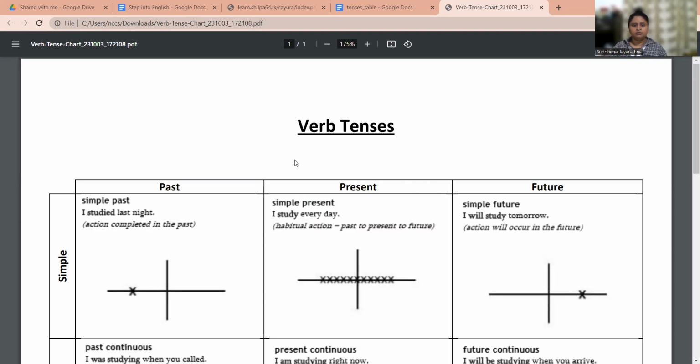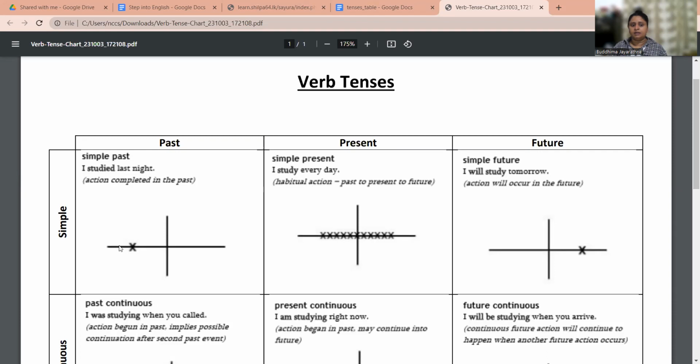To explain the tenses easily, we are using a timeline like this. So this is simple past, simple present, and simple future. At the moment we are talking about simple present tense. A timeline is actually like this. Hopefully you all know the horizontal line is like the x-axis, and the vertical one the y-axis.